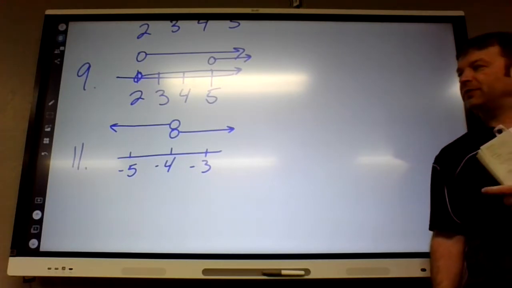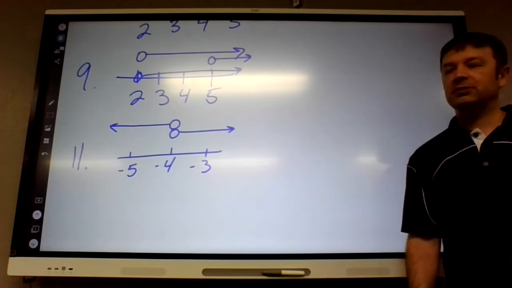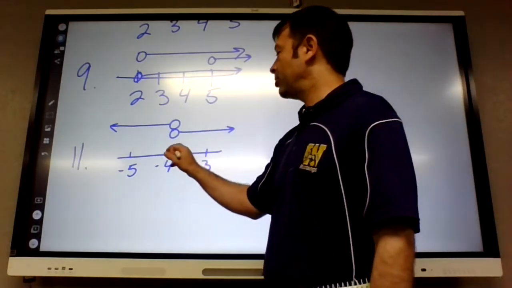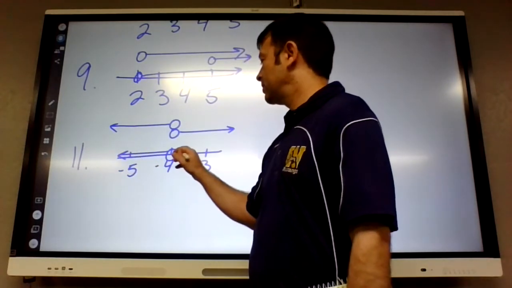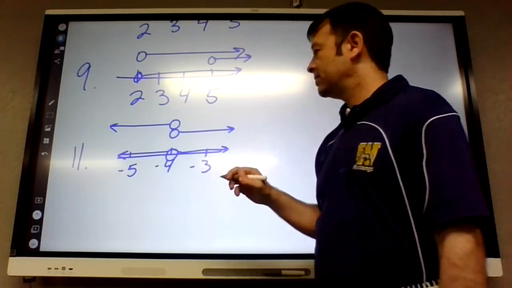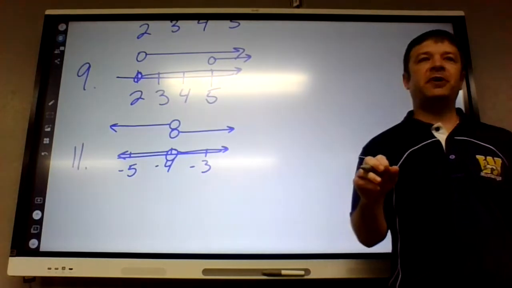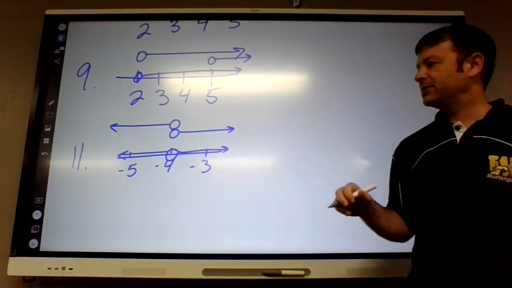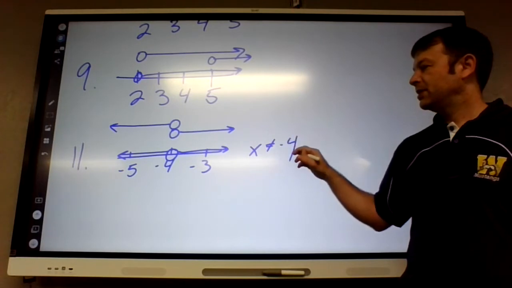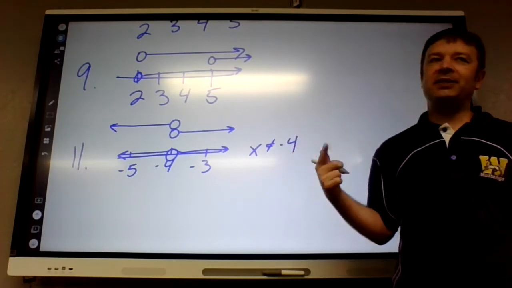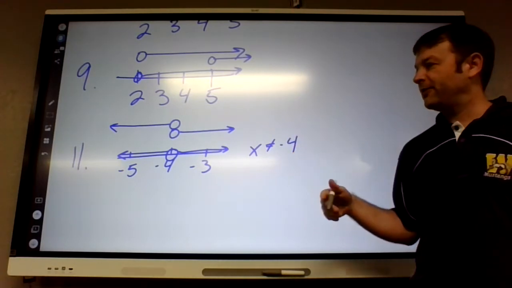Yeah, everything is covered except for negative 4. So there's an open circle at negative 4. What's a simplified way of writing that? x is not equal to negative 4. Okay, they're not asking us to do that really, but the graph is the answer.